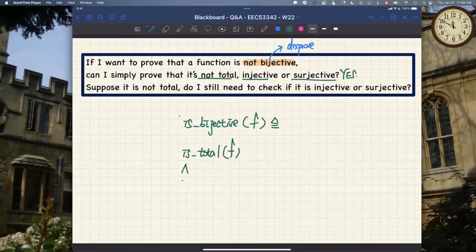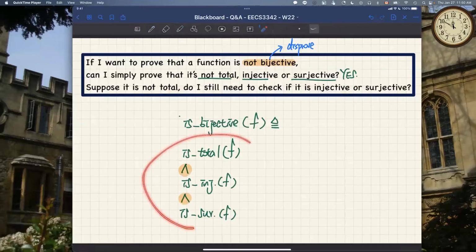And is injective and also surjective. But you can see from the definition here, it's simply a conjunction, meaning that if you want to disprove it, you want to make this false, you can either prove that this is false, that'll be enough. You don't need to prove anything else. Or you can show that this is false, that'll also be enough. Or you want to show that this is false.